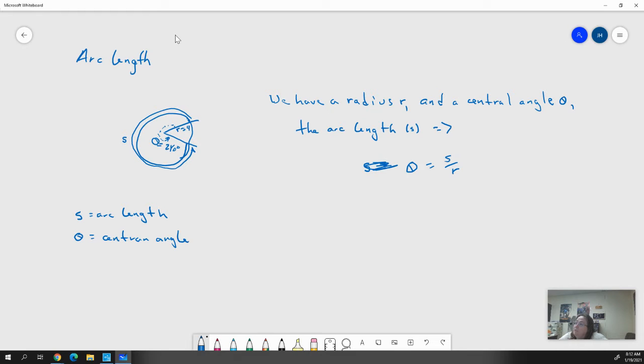What you need to know about this is it has to be done in radians, in our pi terms, not degrees.